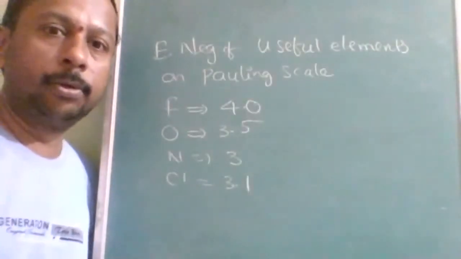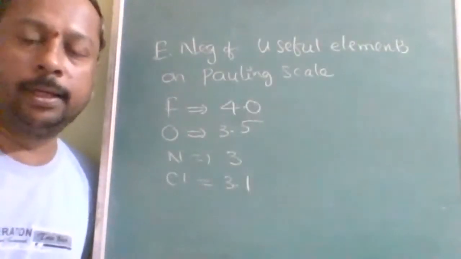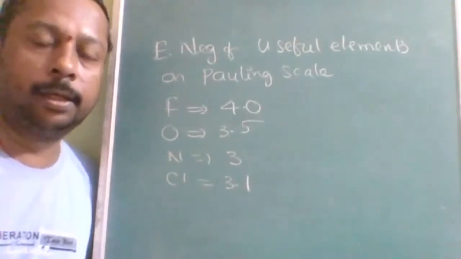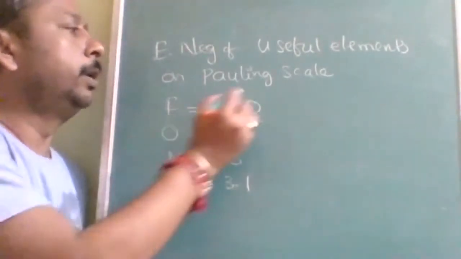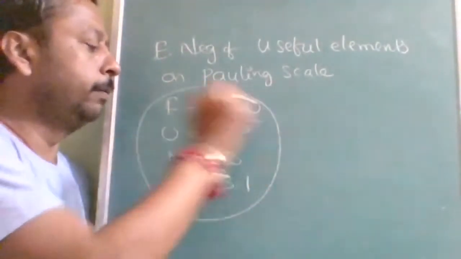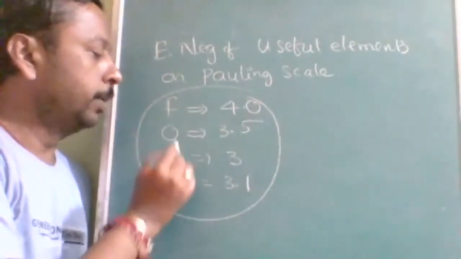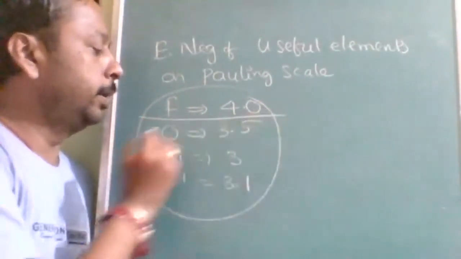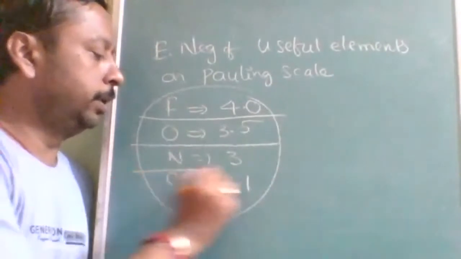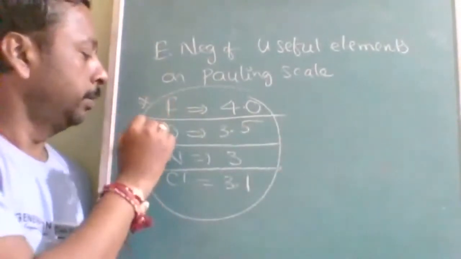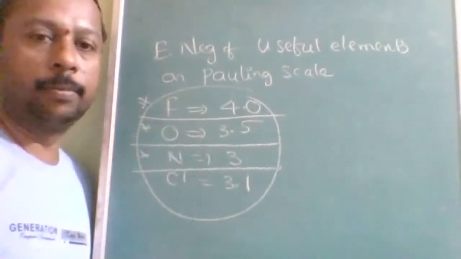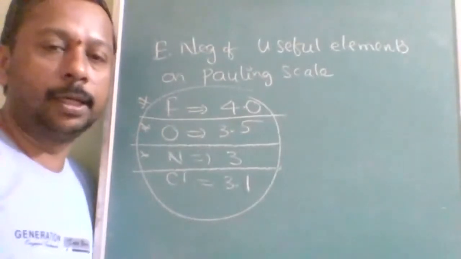Okay, as I told you, in the Pauling scale we need a reference. Here, the reference elements according to the Pauling scale are very, very important. Mostly, 99.9%, these three are asked: fluorine, oxygen, nitrogen.